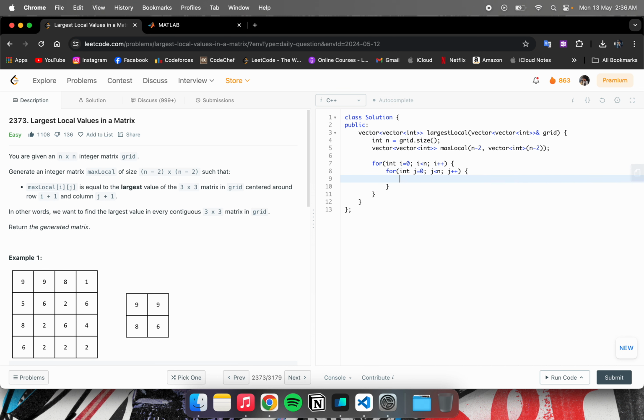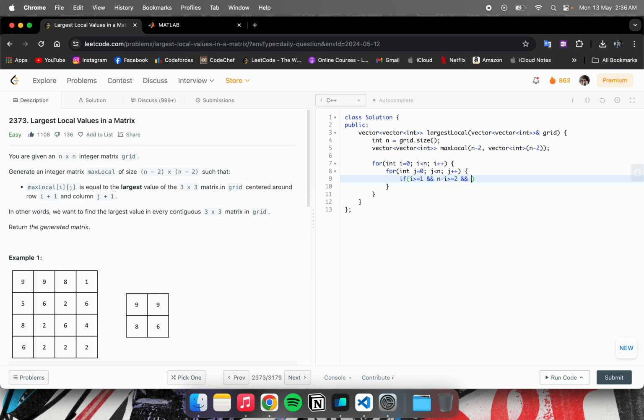And now I'm going to see if this i comma j can be the center of a 3 cross 3 matrix. And how do I do that? First condition: if I have i and it is a center, there must be at least one row above it. So i cannot be 0, so i has to be greater than or equal to 1, and also there must be another row below it, so n minus i should be greater than or equal to 2.